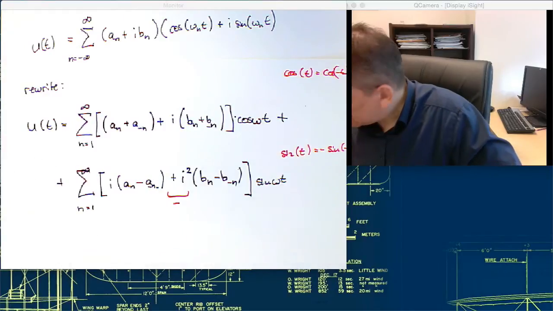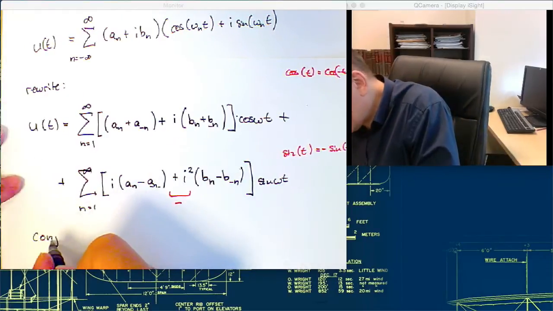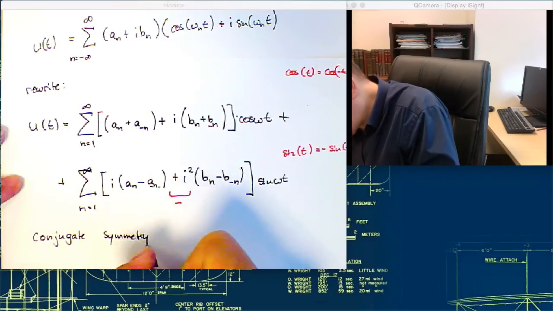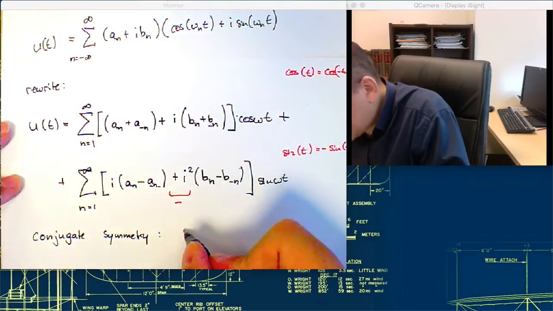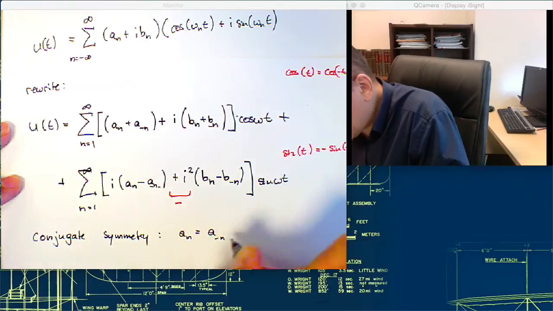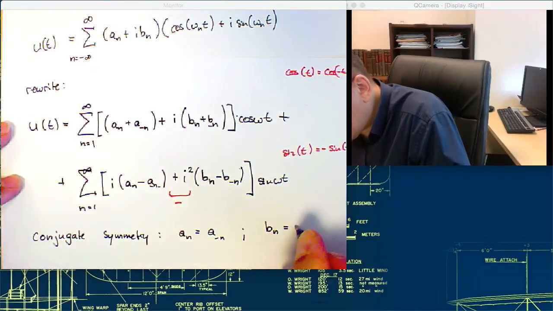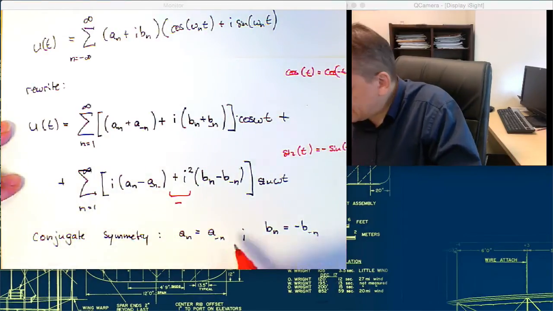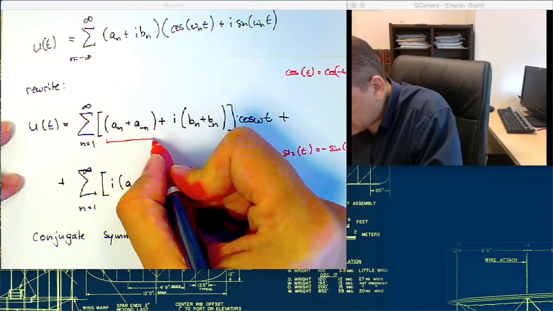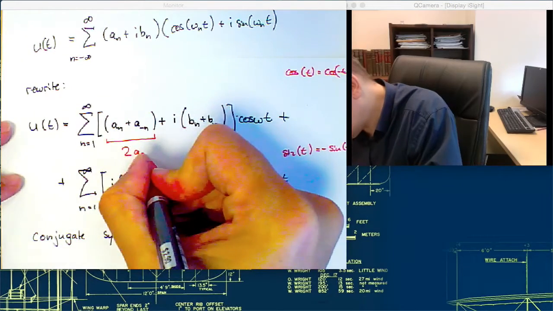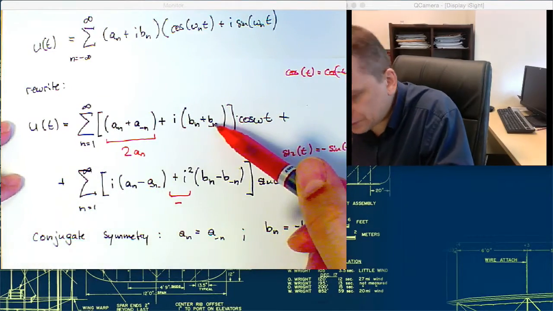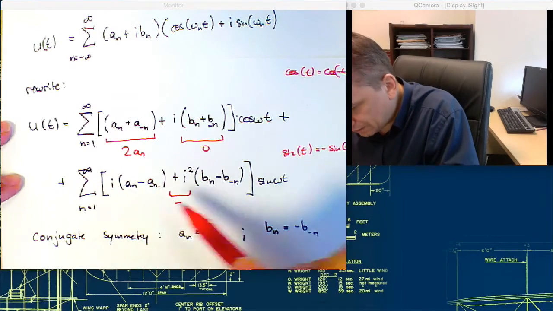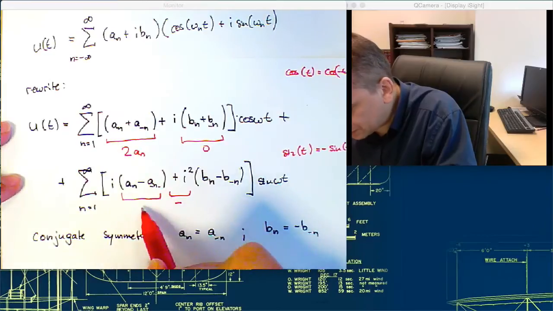All right, there's something called conjugate symmetry. That says that an is equal to a minus n, and bn is equal to minus b minus n. So if an is equal to a minus n, then this one becomes 2an. bn is equal to minus b minus n, then this term here becomes 0. an minus a minus n, these are the same, so this one becomes 0.